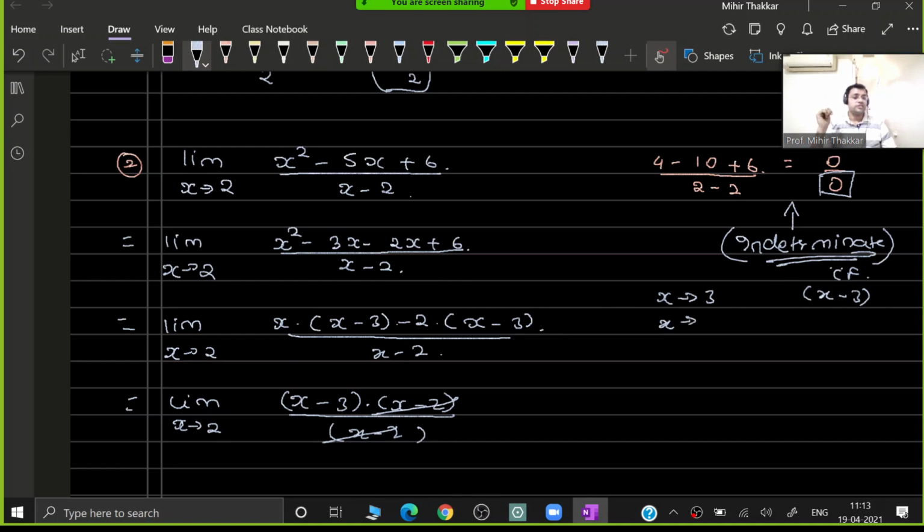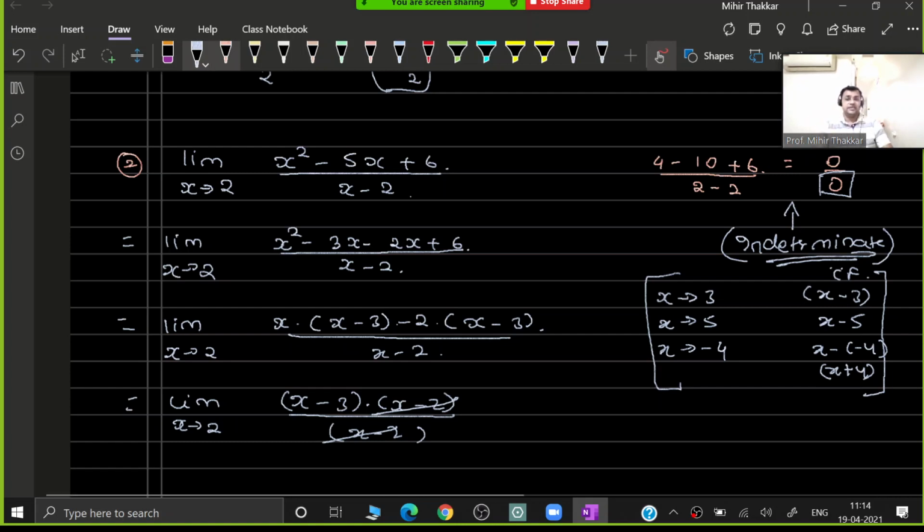If x tends to 5, the common factor will be x − 5. If x tends to −4, then the common factor will be x − (−4), which makes it x + 4. So depending on the question, you will have the corresponding common factor, and with the help of that you can understand what has to be cancelled off.